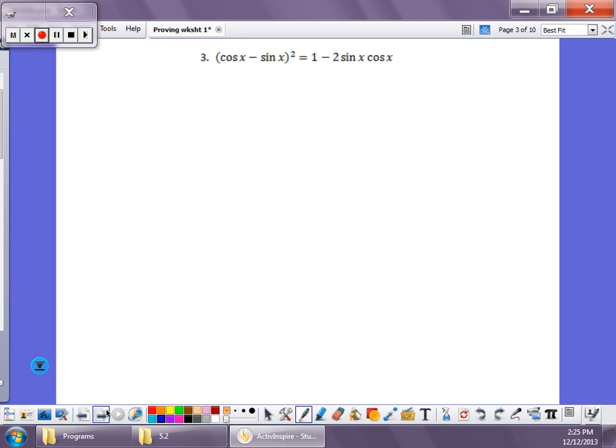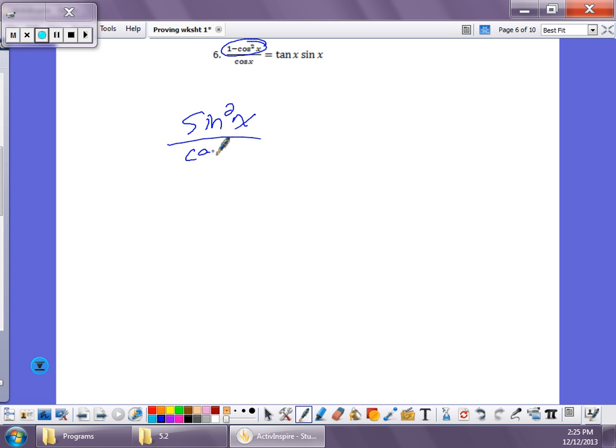Let's try and skip through to one of the later ones and see if we can work through that. This one's not too bad. Here we have 1 minus cosine squared x. From my identities, I know that that's sine squared x over cosine x.